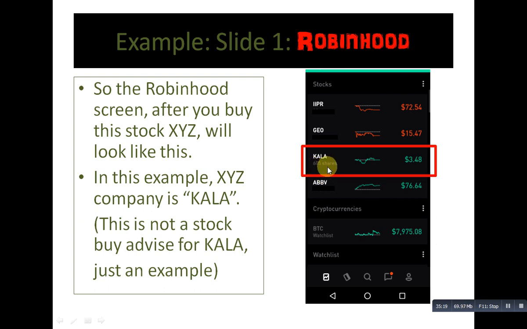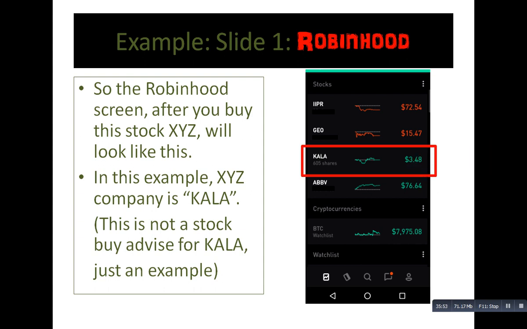Now, as I said, you must have 100 or a multiple of 100 in order to do the covered call. So I have in this case 605 shares. That means I can do a maximum of 6 covered call sales using this. I cannot do anything with the extra five shares which I have, right? And on the right hand side, what you see is basically the market price of this XYZ stock.